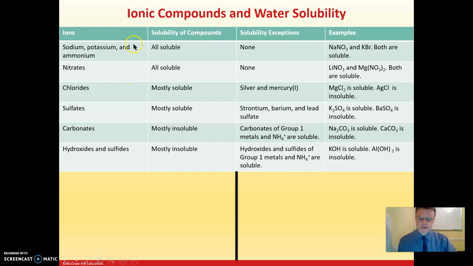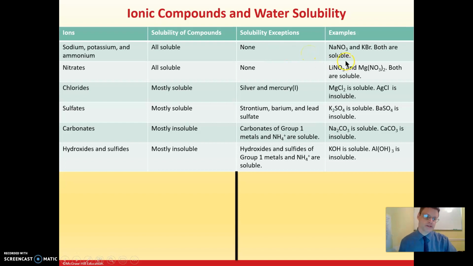I'm going to start by going through this table and how we might use it. If our ionic compound contains sodium, potassium, or ammonium ions, any compounds that have these ions are going to be soluble, and there aren't really any exceptions to this.